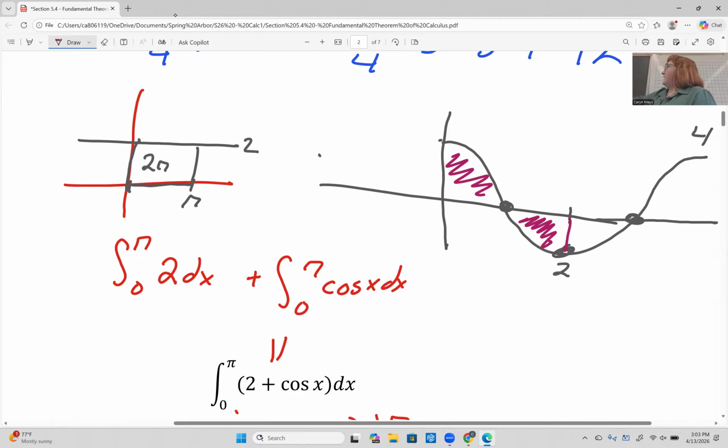When we're under the x-axis, that's a negative area. These are the same areas ultimately if we calculated them out, but they cancel each other because this one's positive and this one's negative, canceling each other out to be 0. So we found 2 pi from this integral plus 0 from the integral, the area of cosine x between 0 and pi.